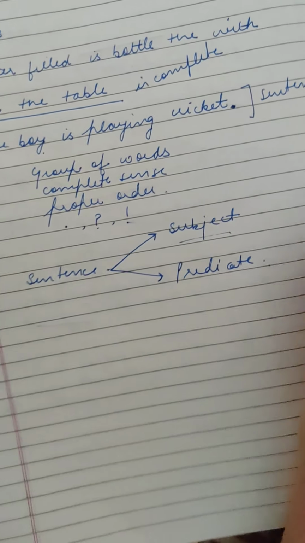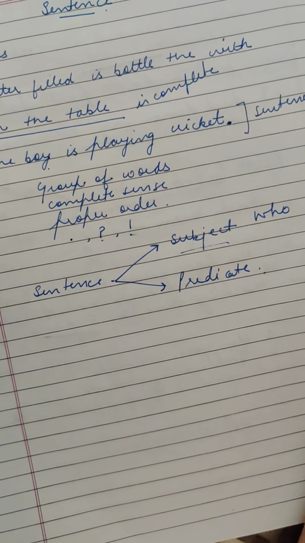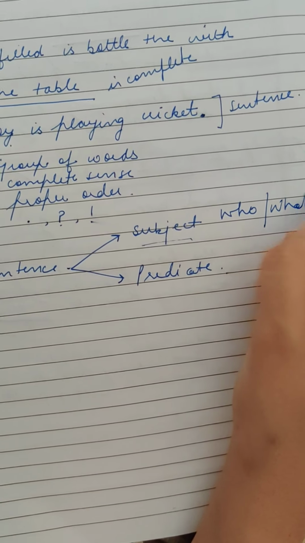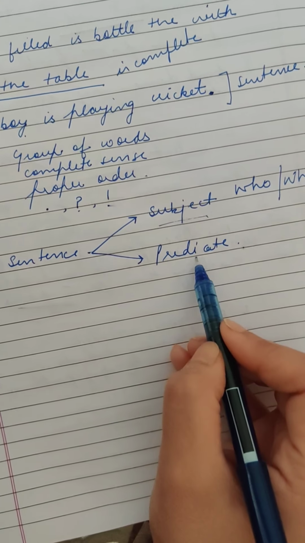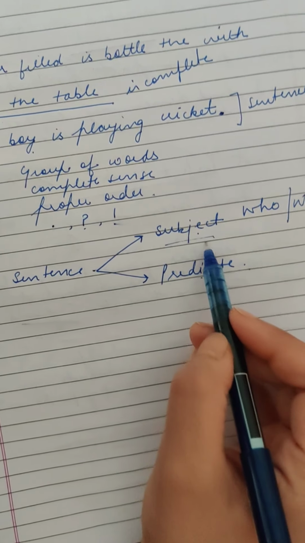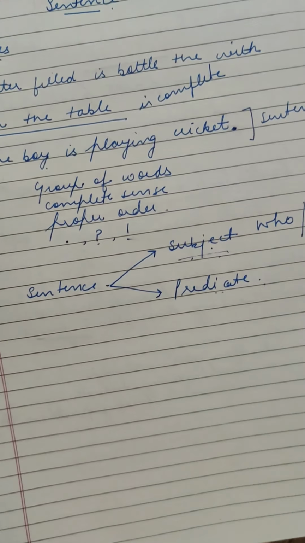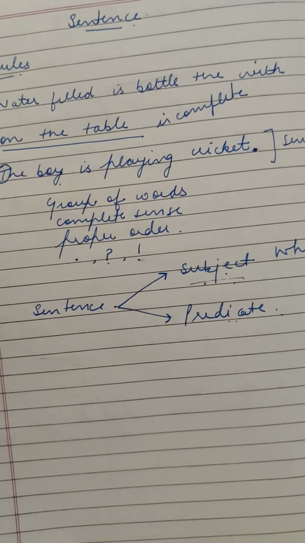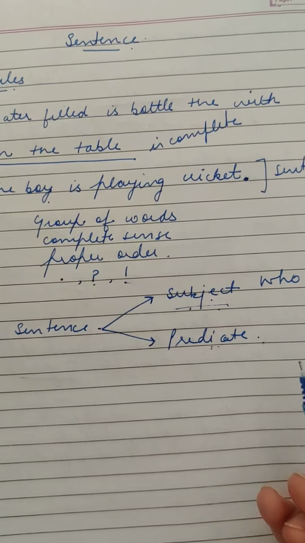In a sentence, who am I talking about or what am I talking about is the subject. The predicate tells us what is being said about the subject. So the subject is about whom I am talking, and the predicate is what I am saying about it.